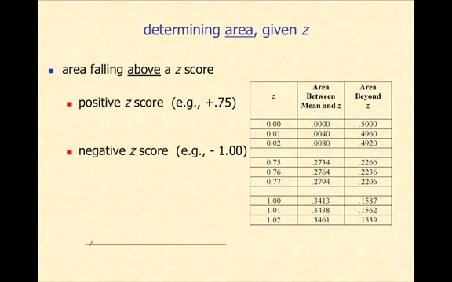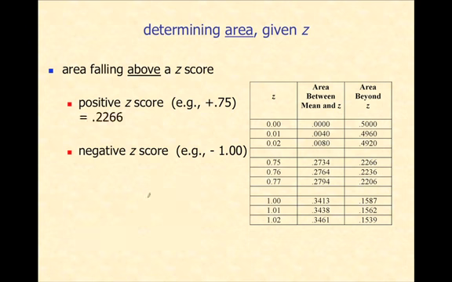If we think about the normal curve, this of course is z of 0. So plus 0.75 is going to be roughly here. We want to know what is the area beyond that score. So what is this area here? In this case, for plus 0.75, the area beyond it is 22.66%.